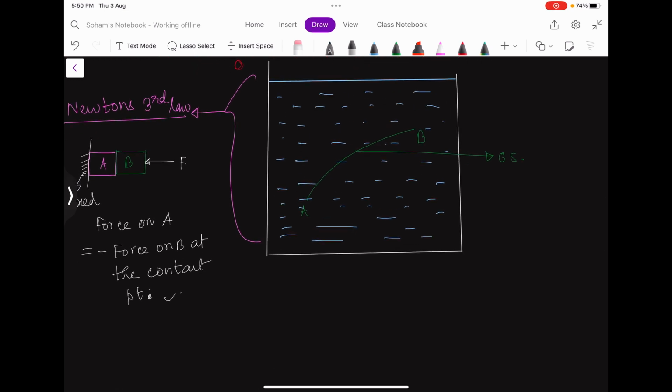Similarly, now let us consider an imaginary volume of fluid, or an imaginary mass of fluid.